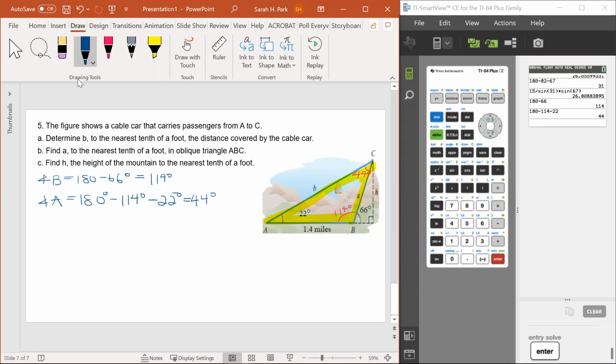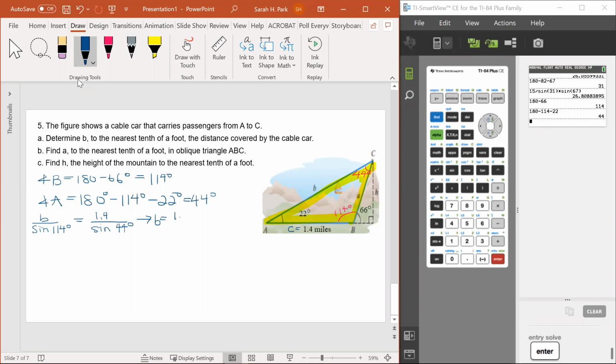To solve for side B, we have B over sine of angle B, which is 114 degrees, equal to side C, which is this right here, 1.4 miles, over sine of angle C, which is 44 degrees. And so that becomes B. We multiply sine of 114 degrees on both sides.